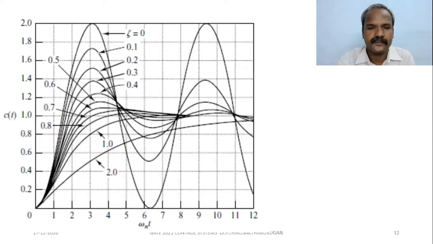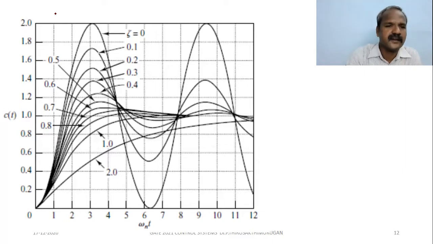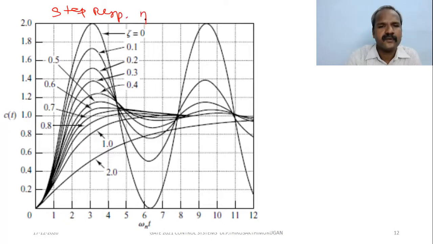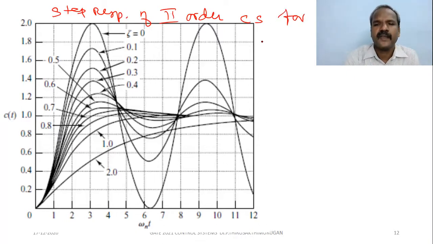So see, this is the step response of a second order control system for various values of zeta, from 0 to zeta less than or equal to 1.